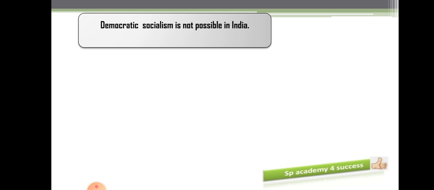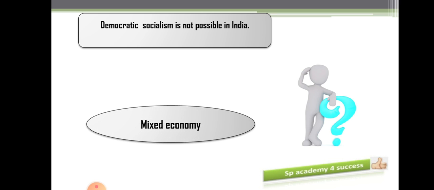What is the reason behind this? This is the biggest question. Democratic socialism is not possible in India because we follow the mixed economy. Because of the mixed economy, equal distribution of wealth among the people is not possible in India.